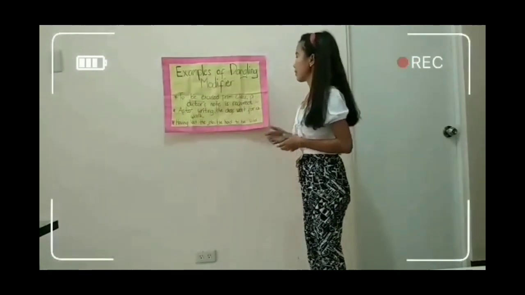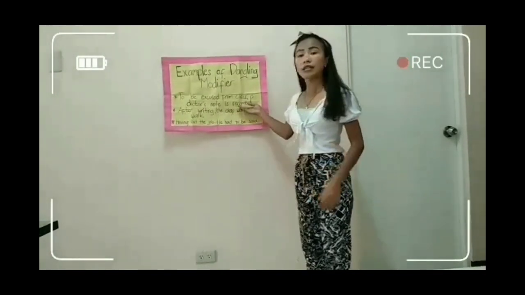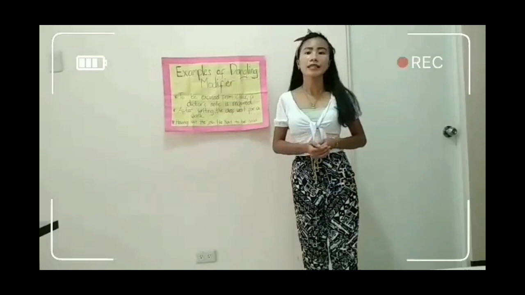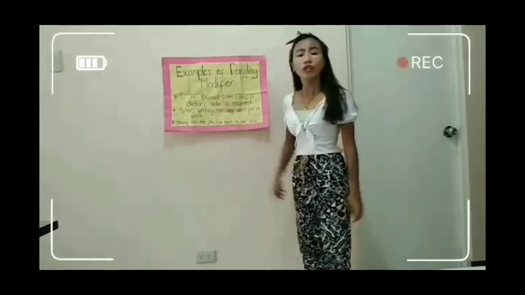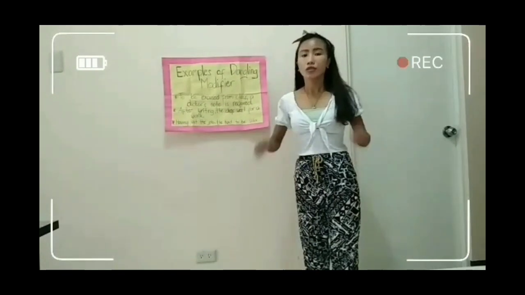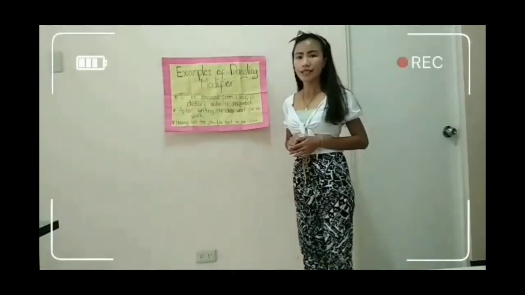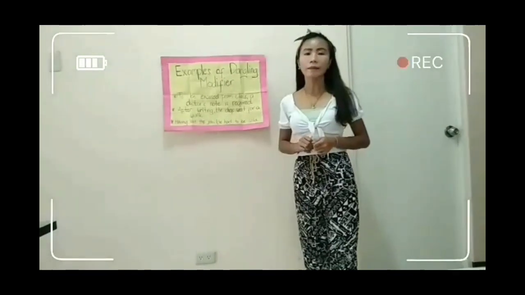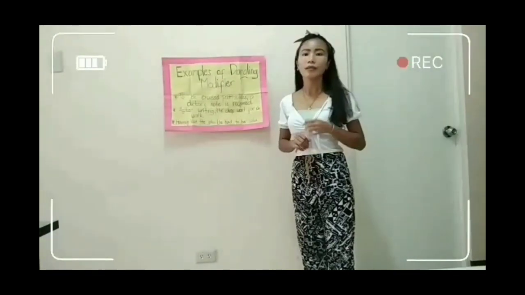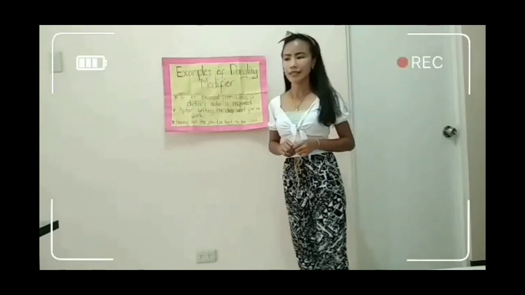To be excused from class, a doctor's note is required. This sentence does not clearly state who needs a doctor's note in order to be excused from class. So in order to correct the sentence, we should add a noun or pronoun that can modify and complete the sentence.